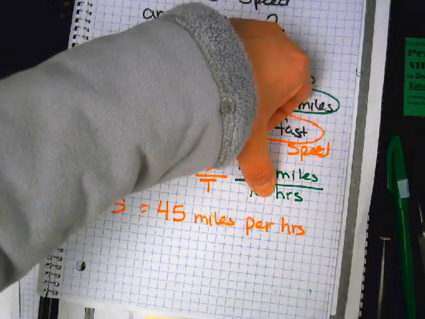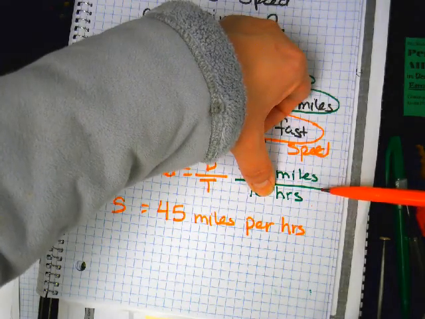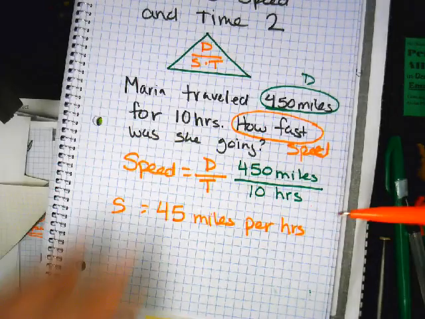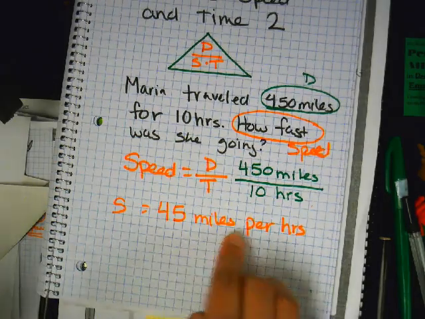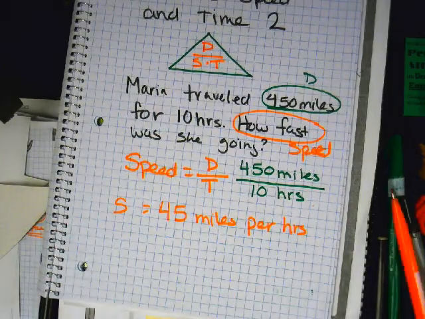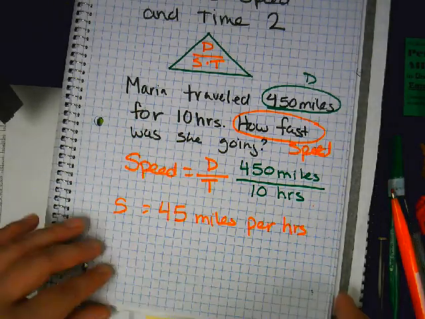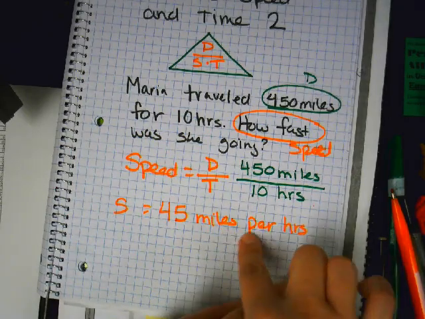Hours. So there's no words that repeat, so I get to use every single word in my problem. Miles per hour. These are my units. She traveled at a speed of 45 miles per hour. Super not fast. All right, are we okay? So units is muy importante.